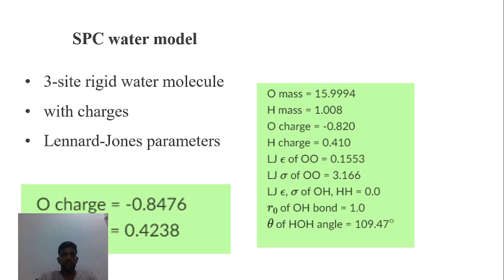It is a water model, and because it's an informational class I will not discuss it widely, but it is a 3-site rigid water molecule with charges and Lennard-Jones potential parameters. So when there is a system with positive and negative charges, or a permanent dipole moment, then we can't just use Lennard-Jones potentials, or their Lennard-Jones potential should be calculated using first-principles based calculations.